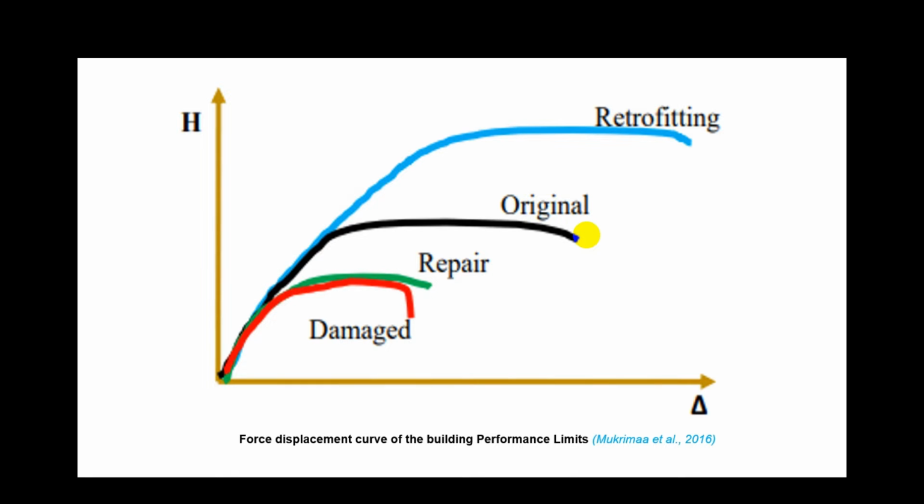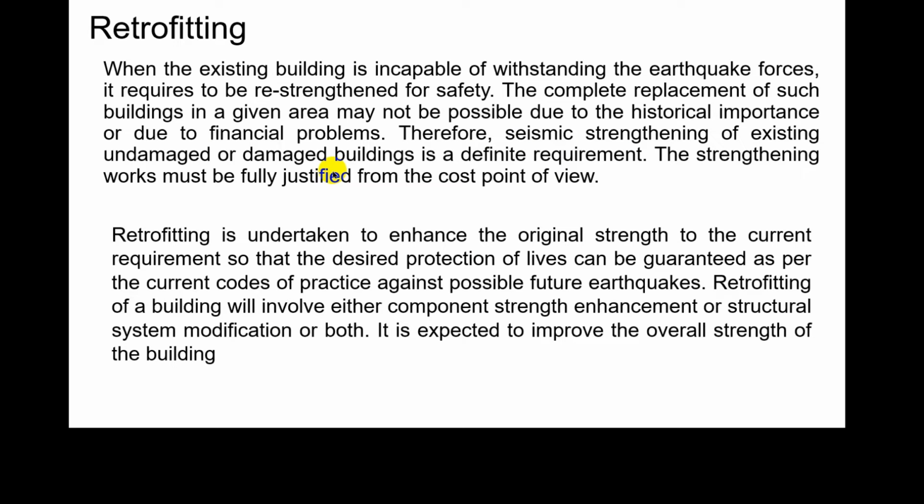Many of the projects have been completed, and retrofitting is the technique in which, when the existing building is incapable of withstanding the earthquake force, it is required to be re-strengthened for safety. The complete replacement of such buildings in a given area may not be possible due to historical importance or due to financial problems.